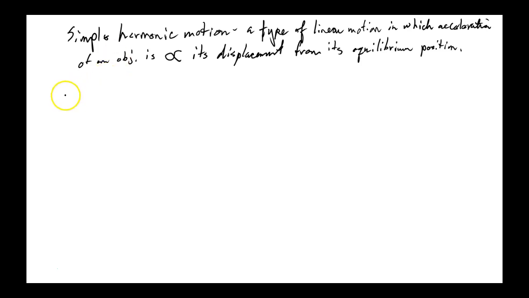So, displacement of an object in simple harmonic motion is the distance from its equilibrium position.